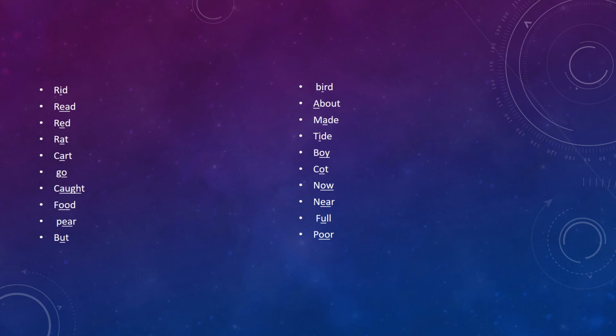You have the short i as in rid, the prolonged ee as in read, e as in red, a as in rat, ar as in cart, o as in go.